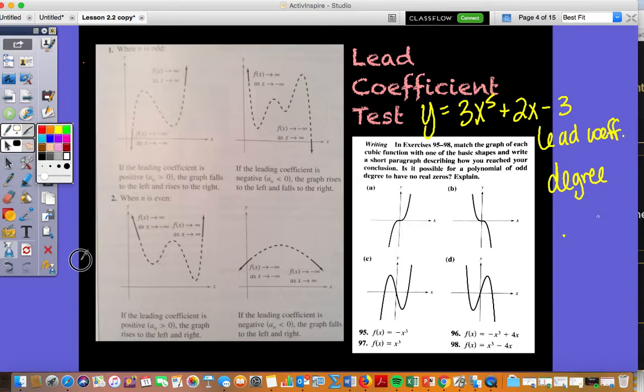The possibilities of a lead coefficient is it can be either even or it can be odd. Okay? And the degree can be either, I'm sorry, backtrack with me. I meant to put this down here. The degree could be either even or odd, and the lead coefficient could be either positive or negative. That's my fault.